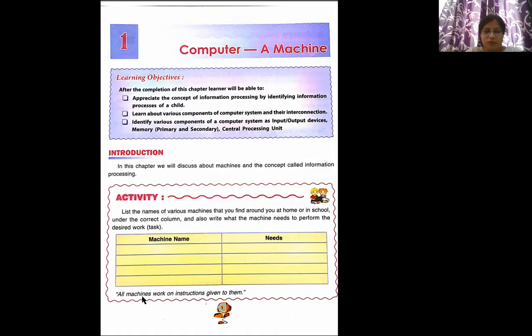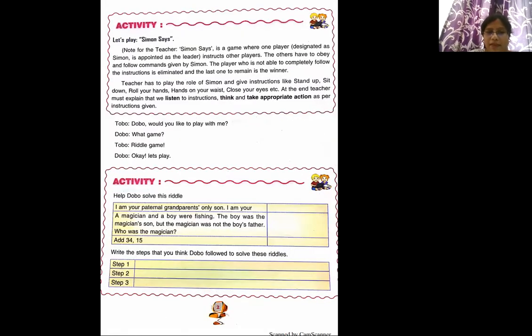Such options you have to set, correct? Whenever you want to make the washing machine stop, you have to press the stop button. So all those things, whenever we tell the machine to do it, through the medium of the different keys present on the machines, they act upon it accordingly, right?